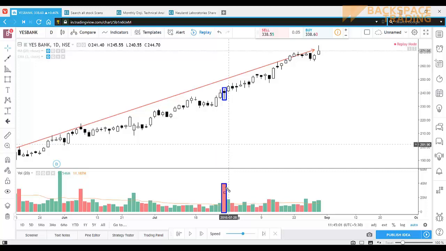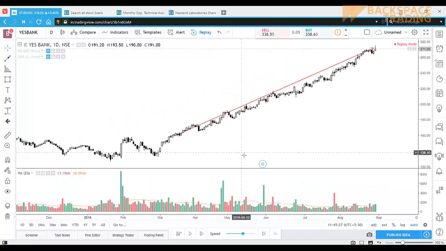This was, I would assume, the first set of profit bookers. Why? The volume over here is around 83 million. Just look at the right side over here. 83 million. Okay, this is a second set, 64 million.